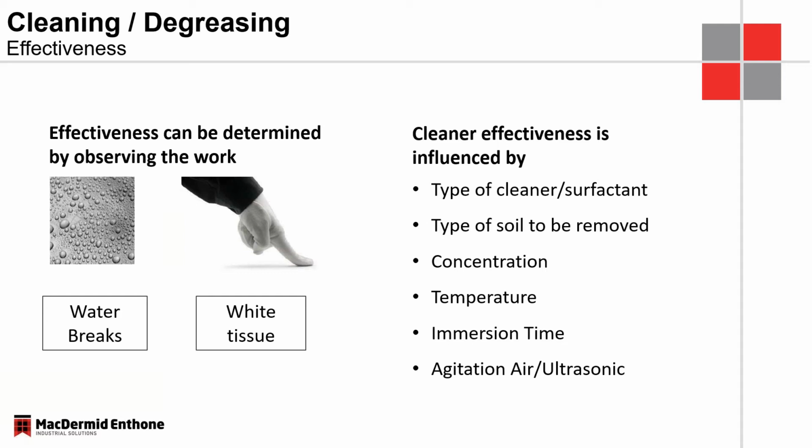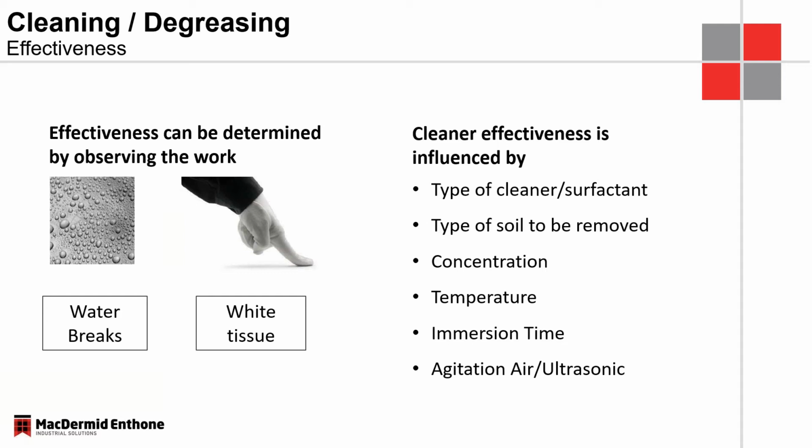What we normally look for is a completely wetted surface. We want a closed water film on the components, and not what we see here in the picture, where we have little droplets and islands of water distributed across the surface. This will really show us that there's still oils remaining on the surface that need to be cleaned.